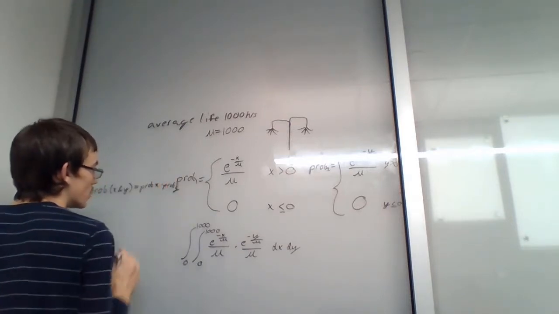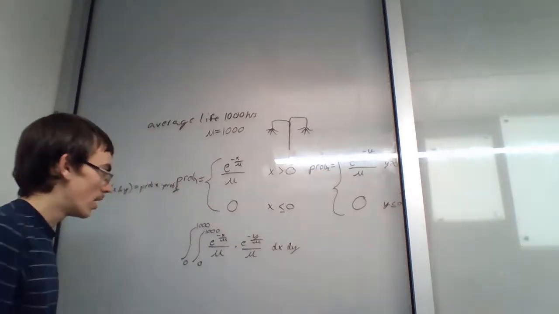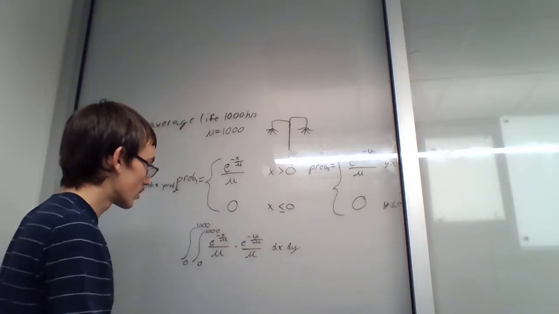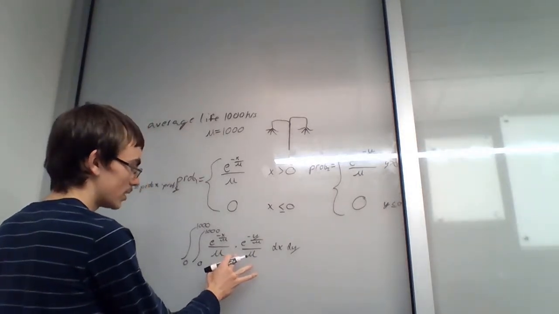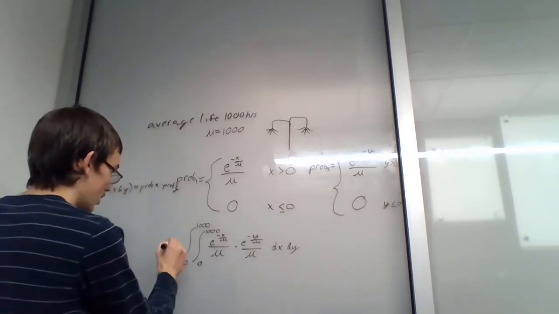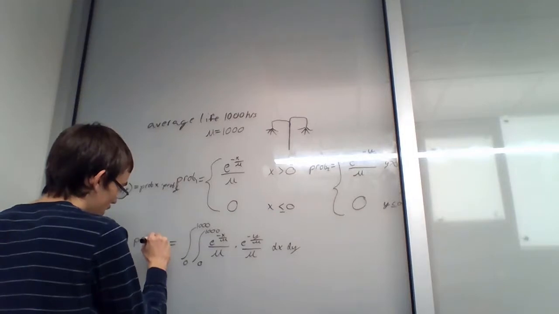I'm running out of room there, but that's okay. So that's why we multiply these two density functions. Probability x and y.